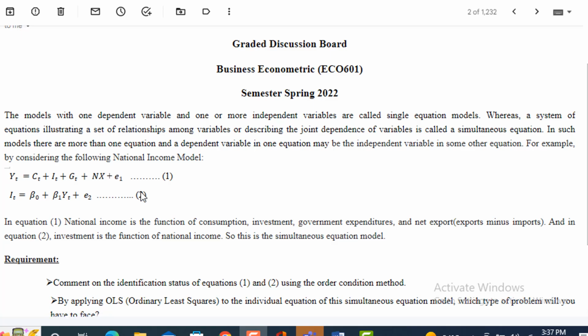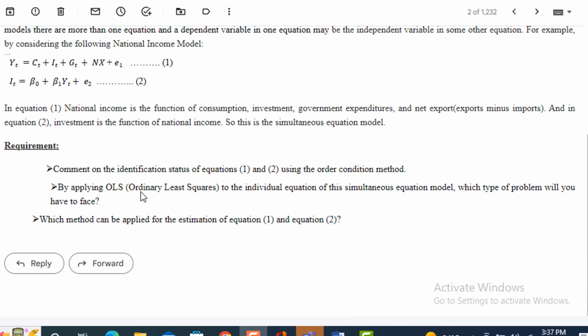So our first requirement: comment on the identification status of equation 1 and 2 using the order condition method. Task one restricts you to only use the order condition method to identify the status of equations 1 and 2, otherwise you have another method called the reduced form method.